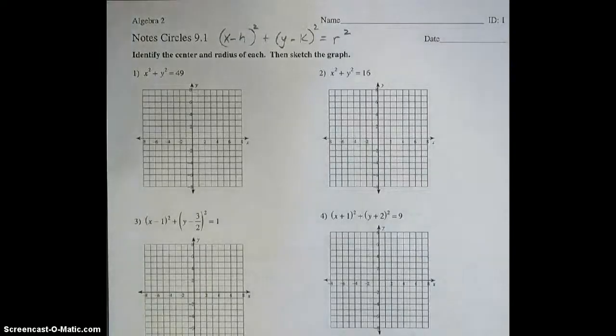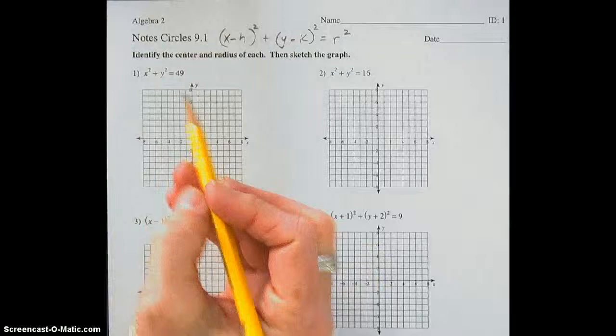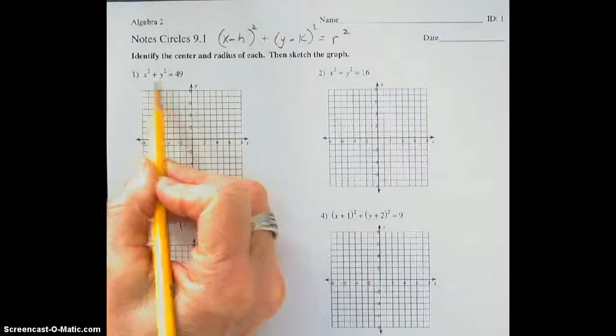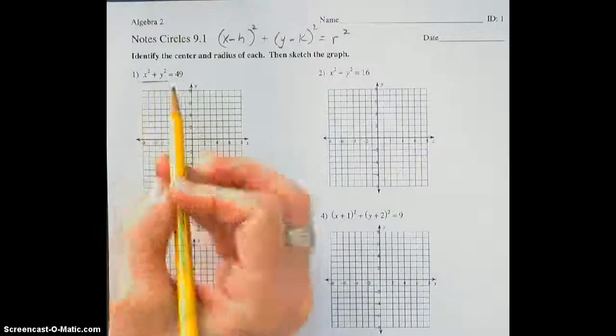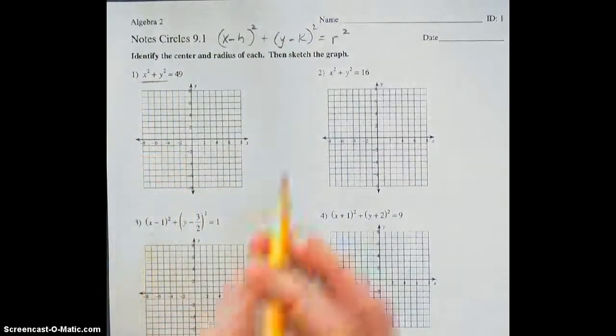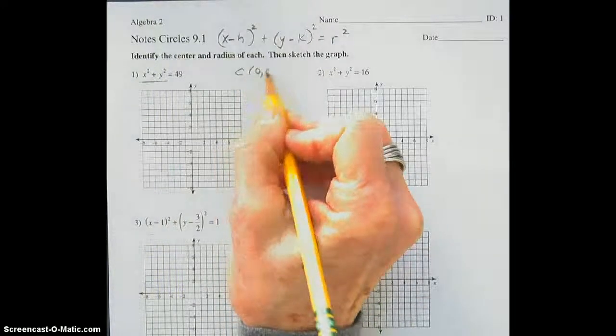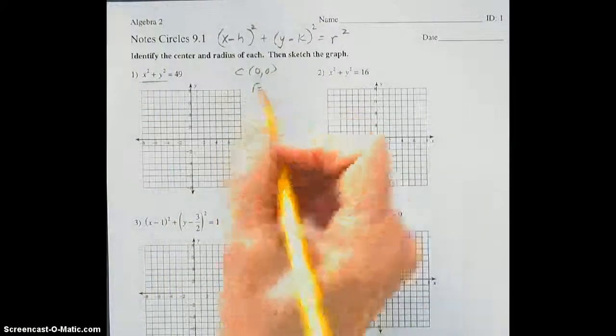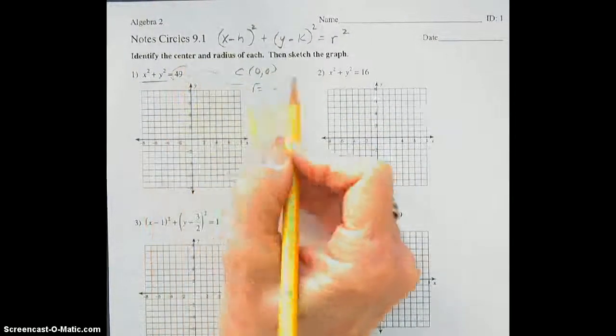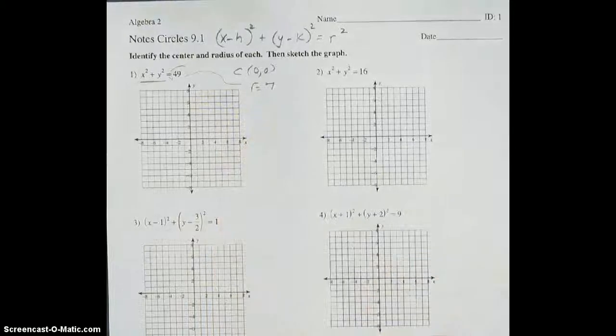Flipping your notes over, let's take a quick look at our first example. If we have an x squared plus y squared with no number in it, like in number 3, the center is just going to be 0, 0. The radius is always the square root of this number, so the radius will be 7 in this example.